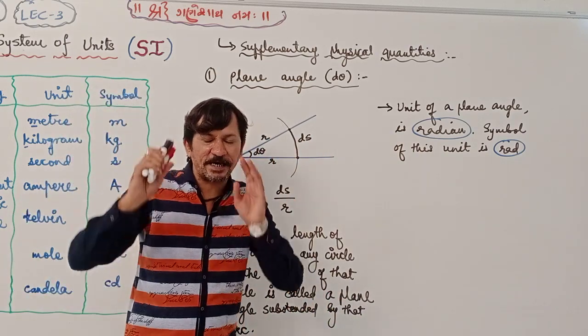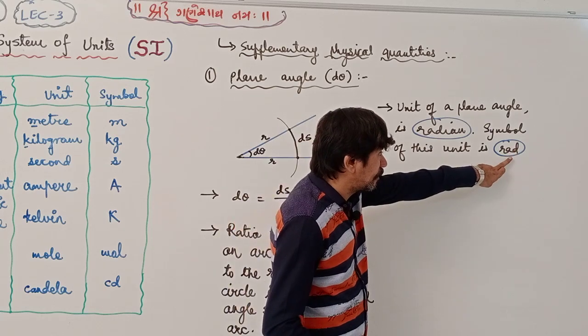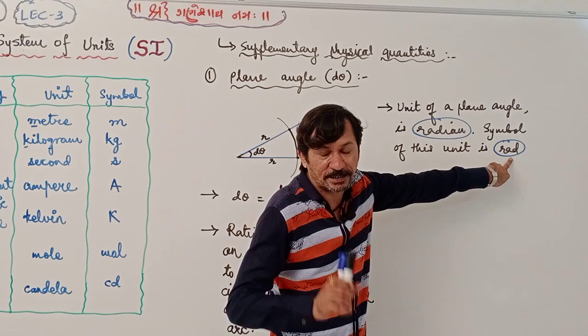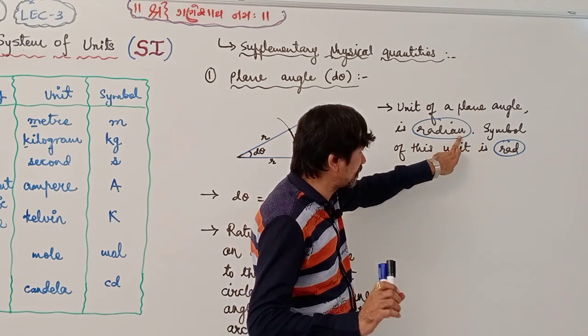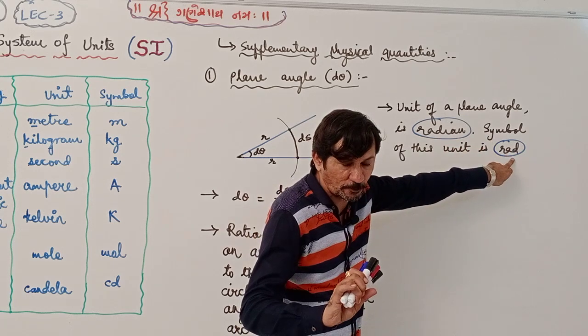So measure of any plane angle is written as small r, small a, small d, that's rad. Spoken as radian, written as rad. Got it? Any problem?